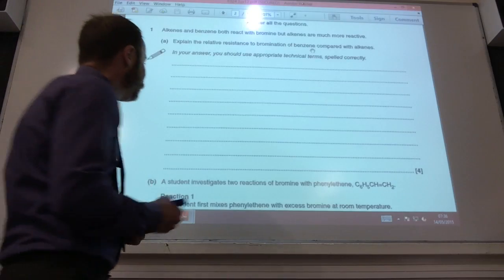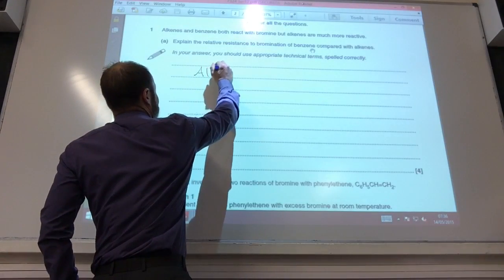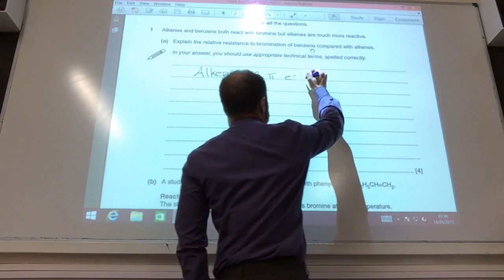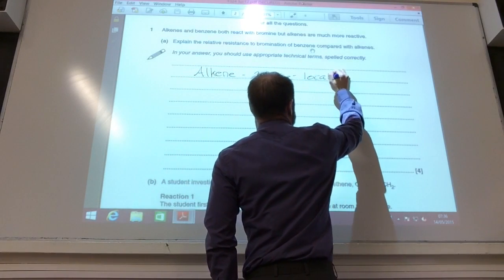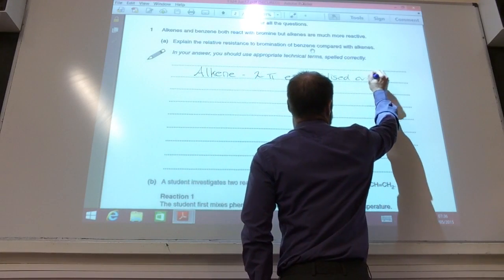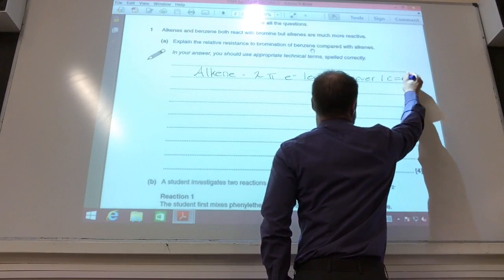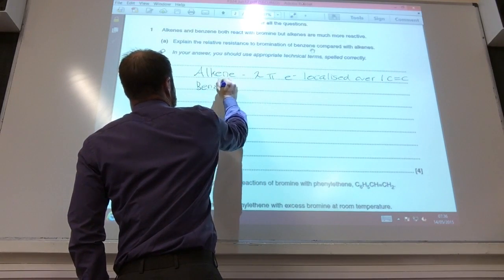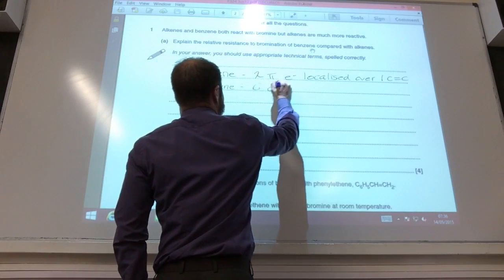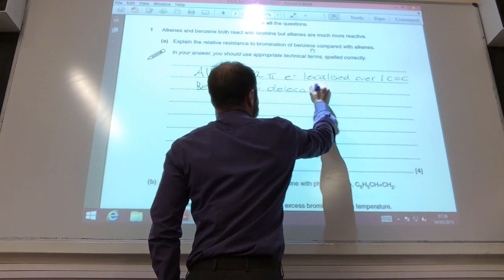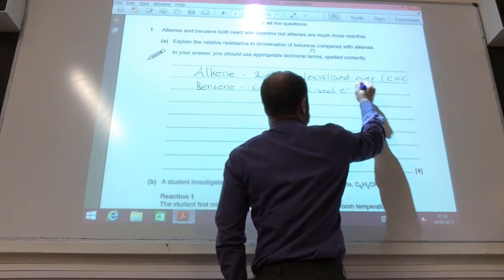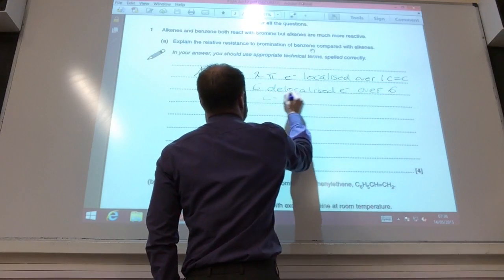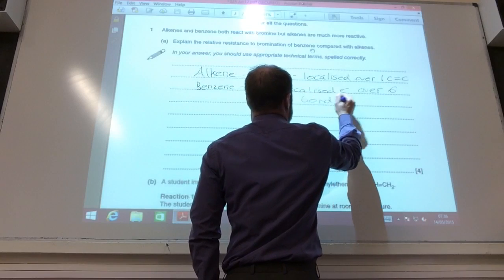In an alkene, you have two pi electrons which are localized over one carbon-carbon double bond. In benzene, however, you have six delocalized electrons over six carbon-carbon bonds.